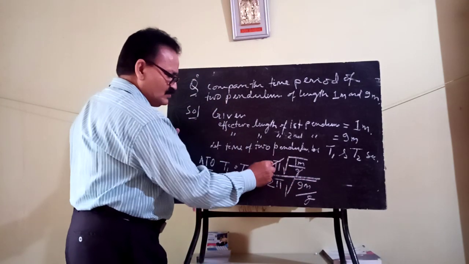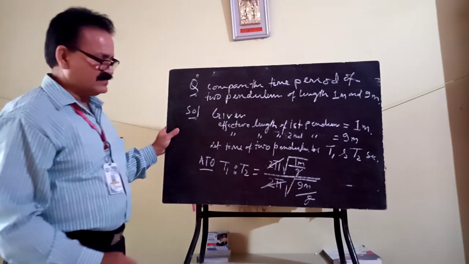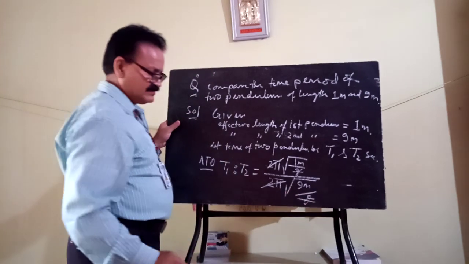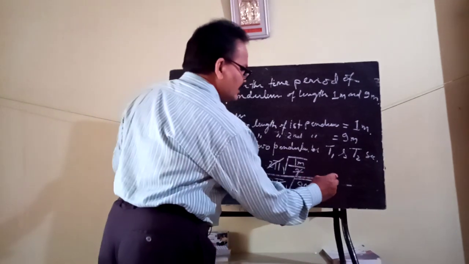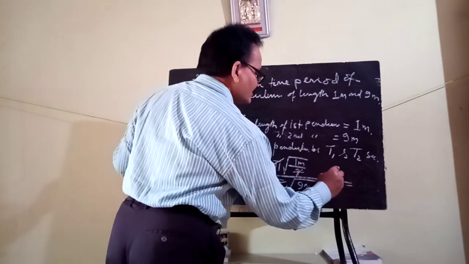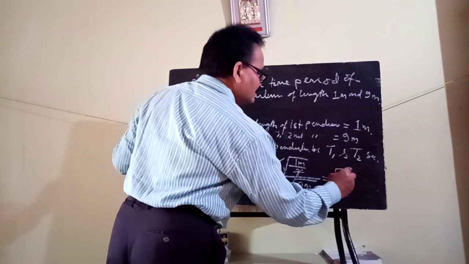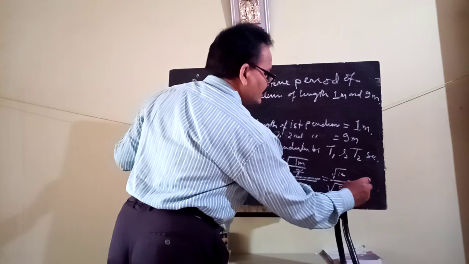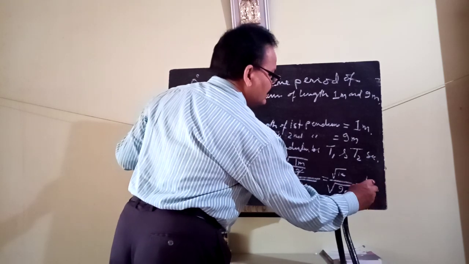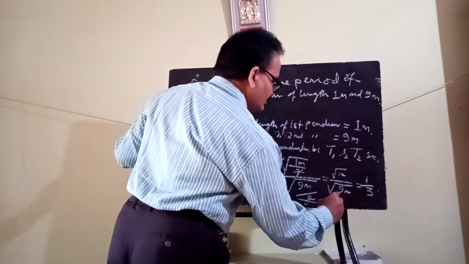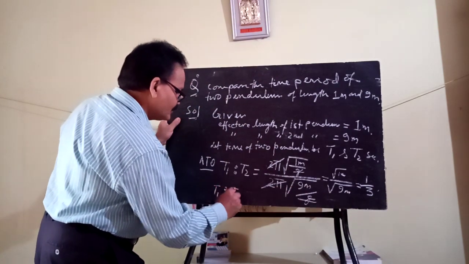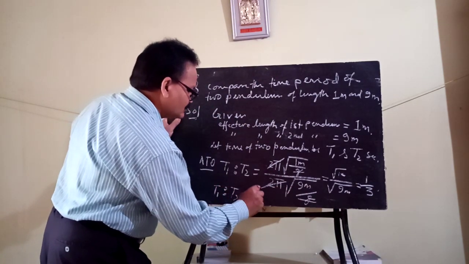Here you see 2 pi and 2 pi cancel each other, and the value of g also cancels. Then the final result will be equal to square root of 1 meter over square root of 9 meter. So that means this is 1 by 3. So your ratio T1 is to T2 is 1 is to 3.